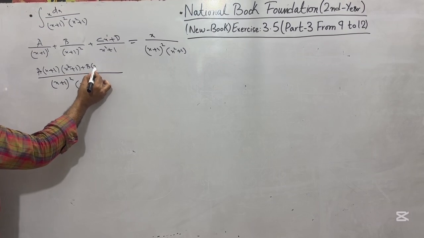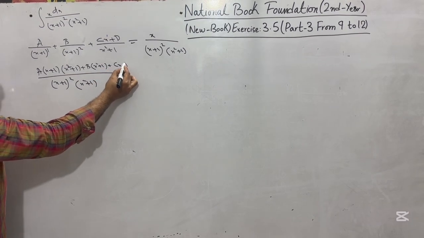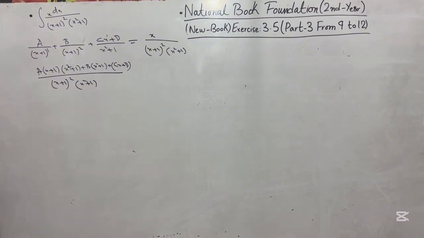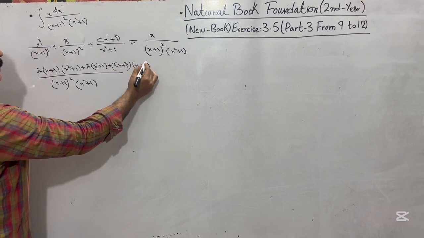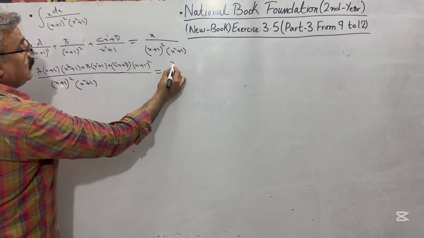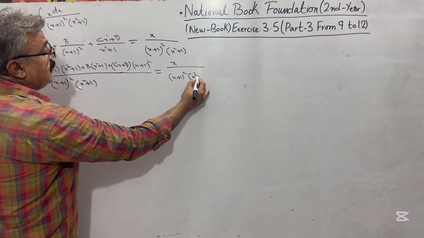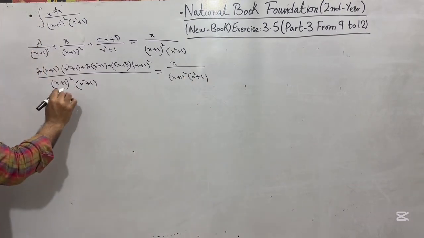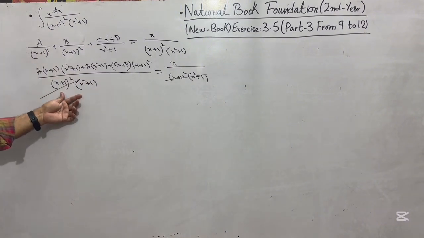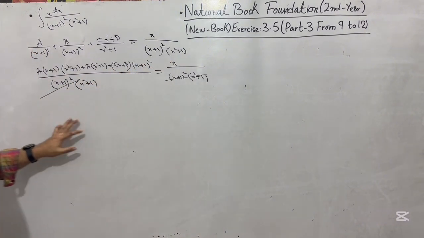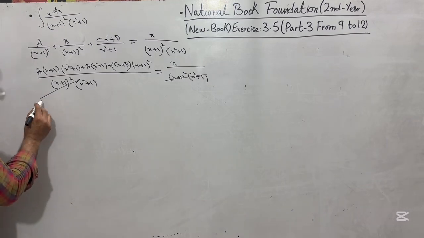We are left with b times x square plus 1, and cx plus d, x square plus 1 have been cancelled out. We are left with x plus 1 whole square times x square plus 1 on the other side; they are cancelled out by shifting from denominator to numerator. It works wonderfully for us. Let's see and find out.